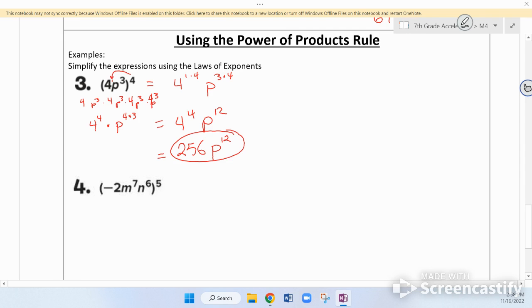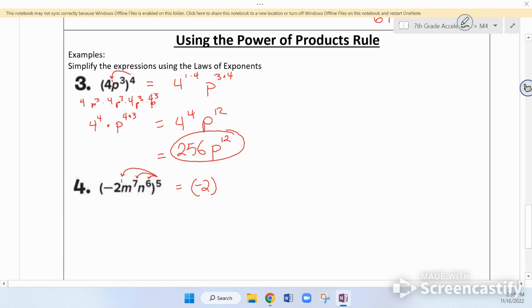Oh man, look at number 4. This looks fun. So what do we do when we have a power of a product? This whole thing is our product, and then it's a power of a product, okay? So what are we doing? Taking that to that, taking that to that, taking that to that. So we're going to have (-2) to the 1 times 5.